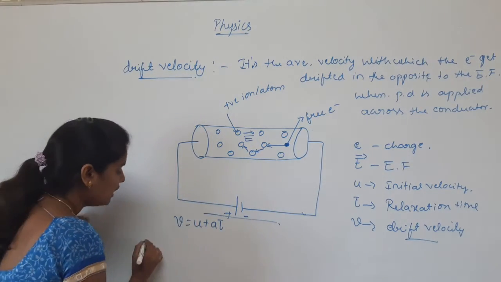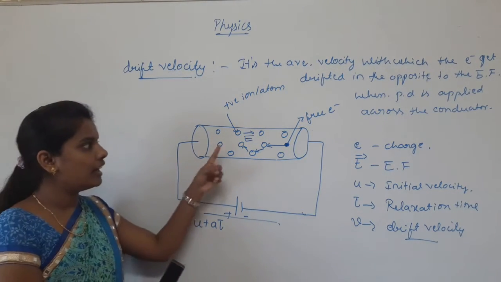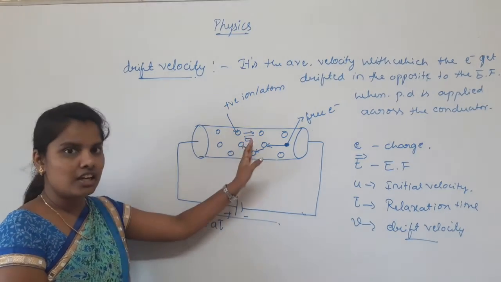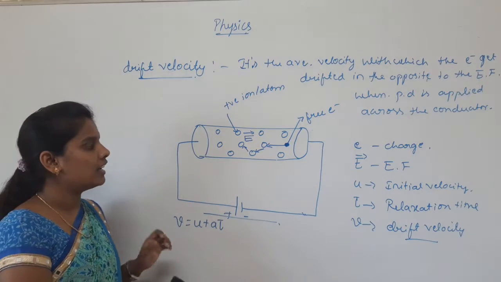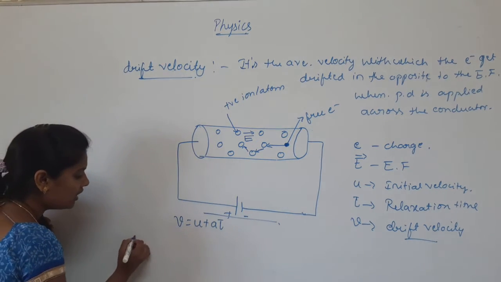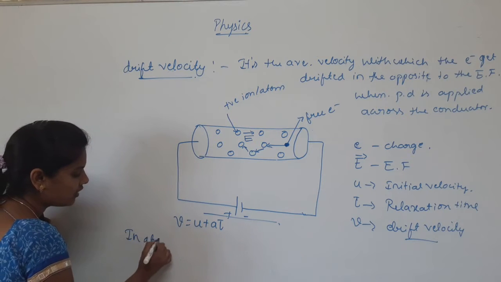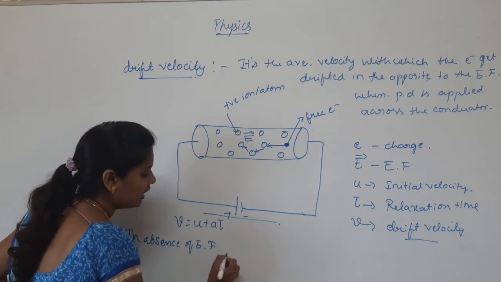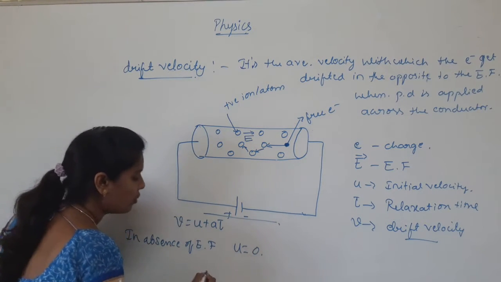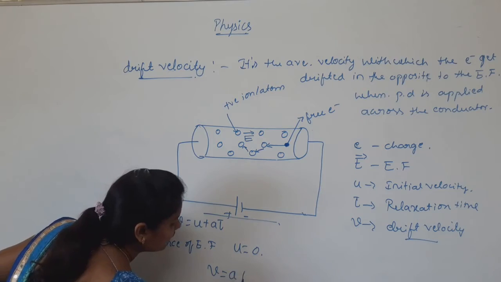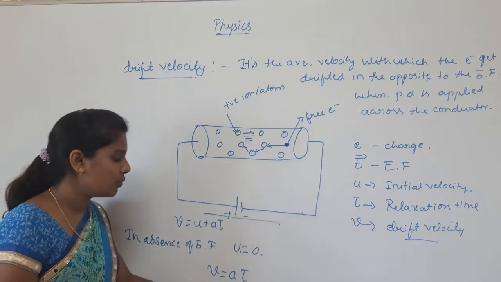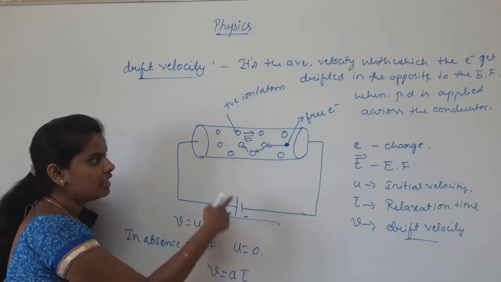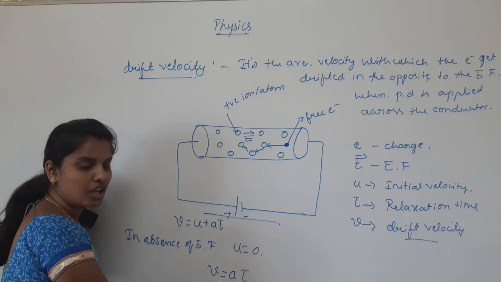In the presence of an electric field, the electron tends to move because it gets accelerated by the electric field. But in the absence of an electric field, u equals 0, therefore v equals a times tau. Here u gets cancelled because the initial velocity is 0.